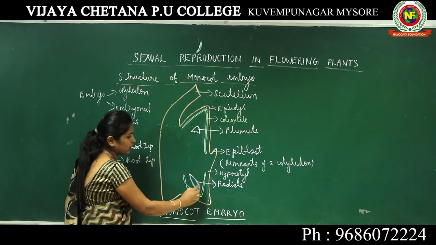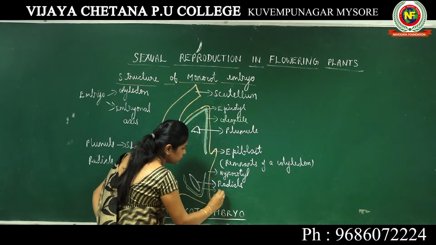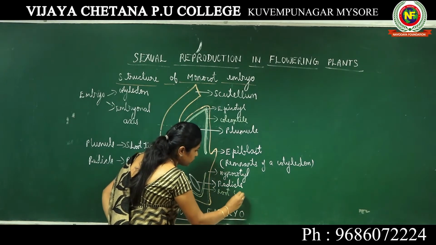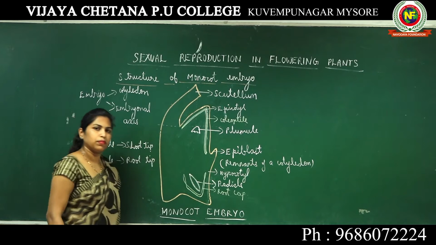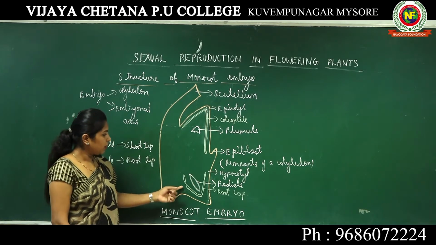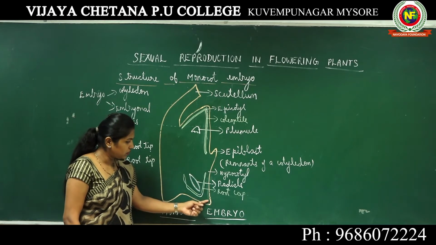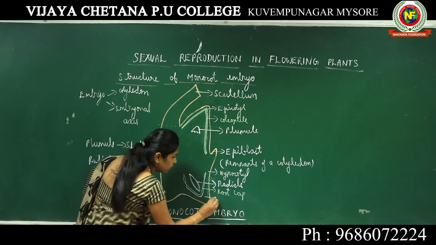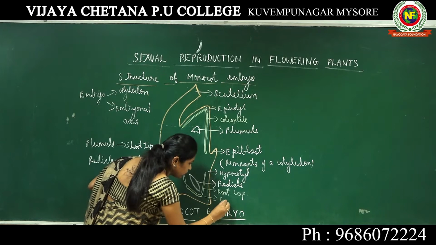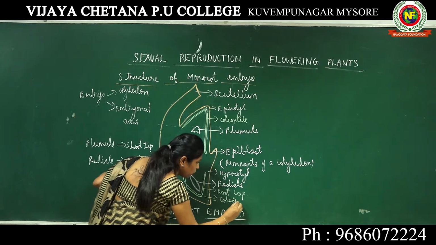Just below the radicle, we have the structure known as root cap. Now, below this root cap, in this region, we have a sheath known as coleorhiza.